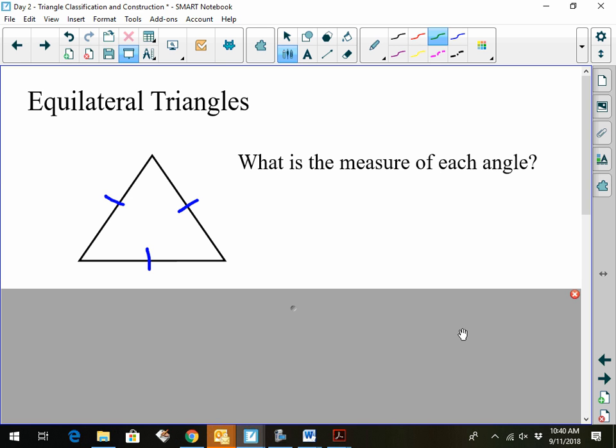So if we have three congruent sides, then all of these angles actually must also be congruent, because the angles and the sides opposite have a relationship together. So the measure of each of these angles, if they all have to be the same, then we're going to look at 180 divided by 3. So each of the angles is 60 degrees.